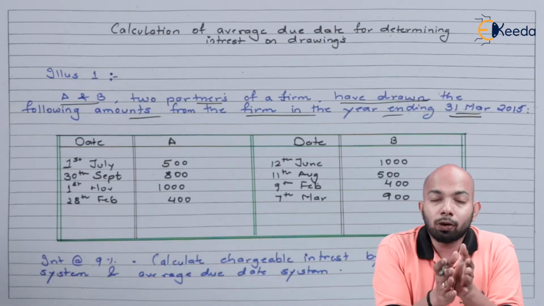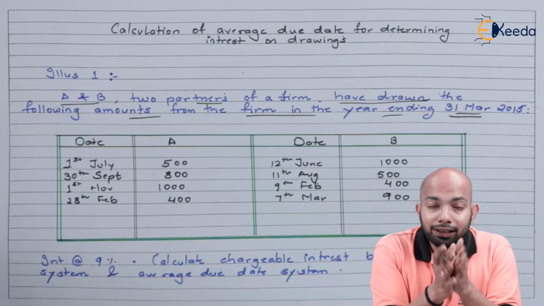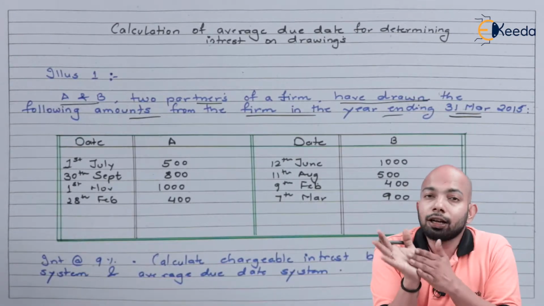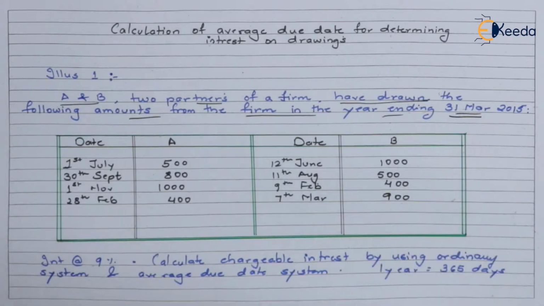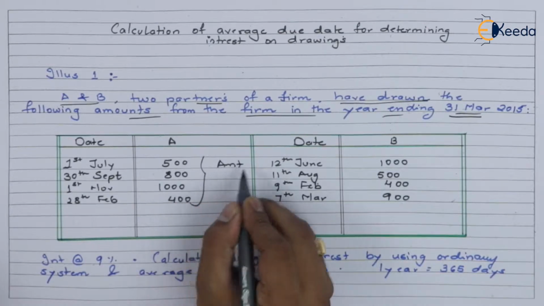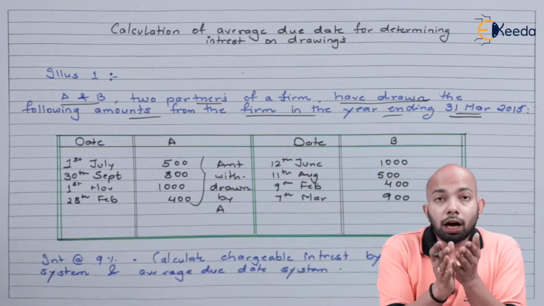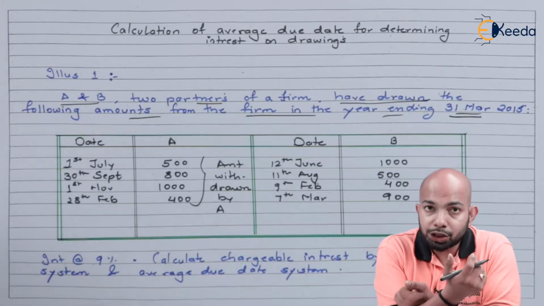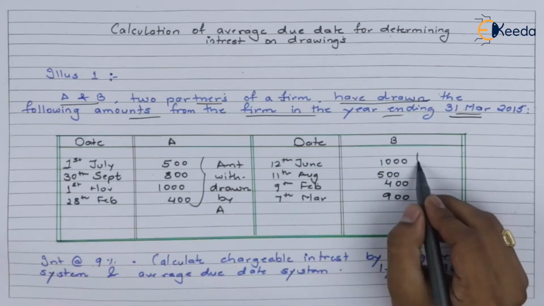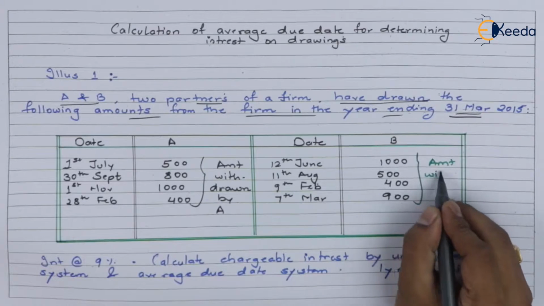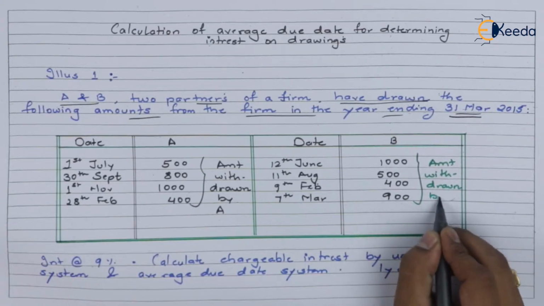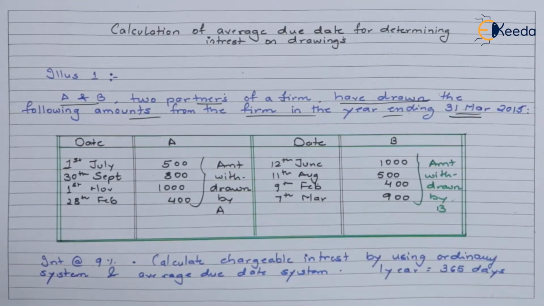We have the respective dates and amounts withdrawn by A and the dates and amounts withdrawn by B respectively. The amount withdrawn by A has been mentioned there, and the amount withdrawn by B also has been mentioned.